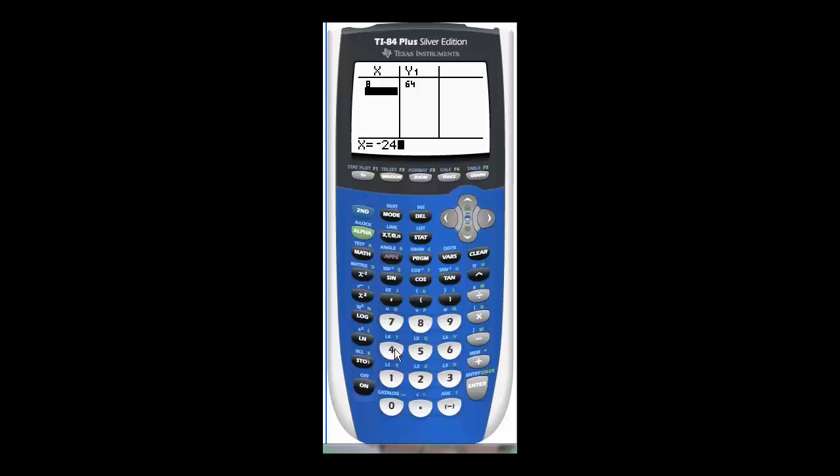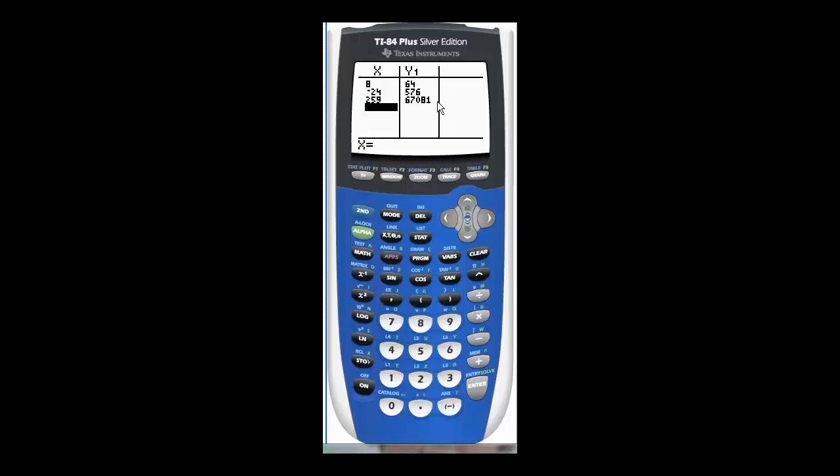This feature is very useful if you have to plug in a lot of different values, not necessarily like 0, 1, 2, 3, 4, 5, but a lot of maybe randomly spaced values, like 8, negative 24, 259. It's nice to have that ask feature, so you can just really plug into your function and get your y value right away. It's really handy for that.